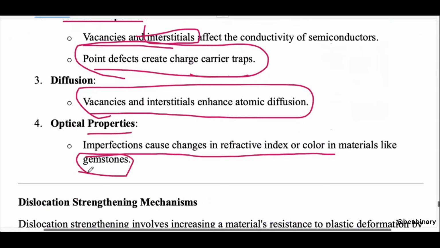Suppose it is coming as sunlight, and once it reaches the surface of that particular material and travels inside the material, it will deviate from its own way. That is the refractive index, as you have already seen in water. Once you shine light on the water, you can see this phenomenon very easily.